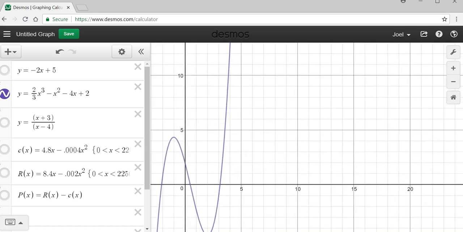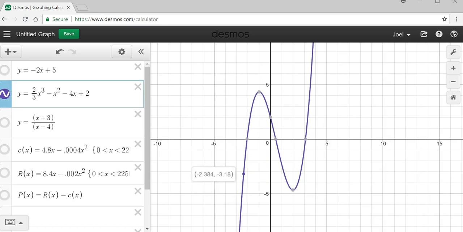So in this region right here, see where my pen's going? In that region right there, it's increasing. It's also increasing in this region right here.